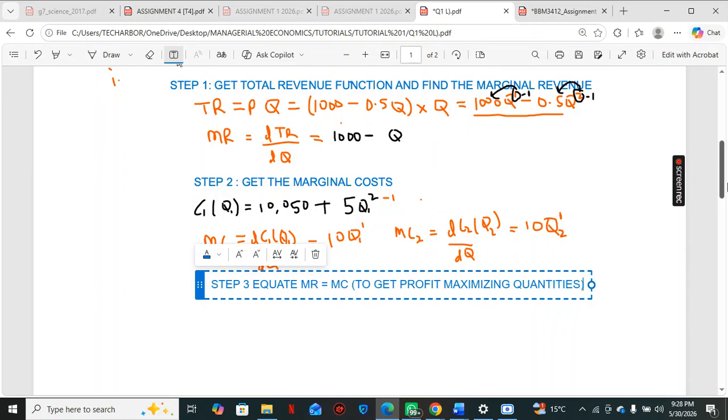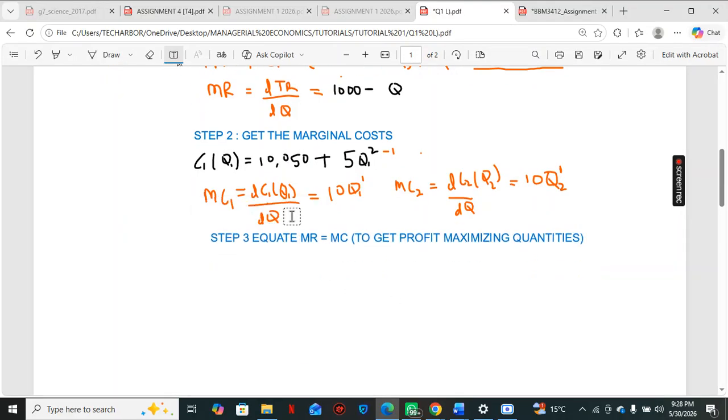So here we're going to say the marginal revenue MR is equal to MC1 and is also equal to MC2.